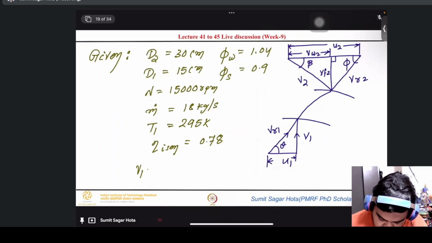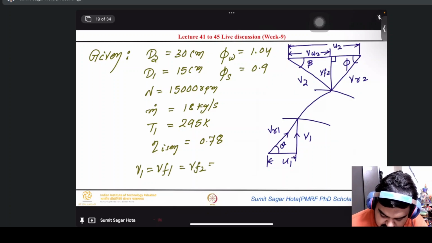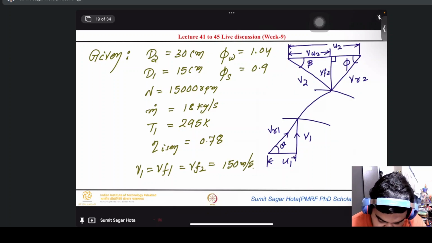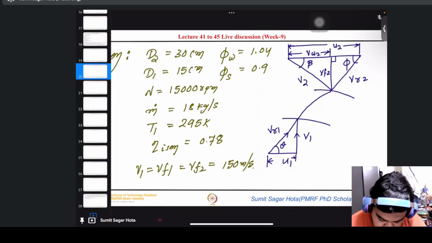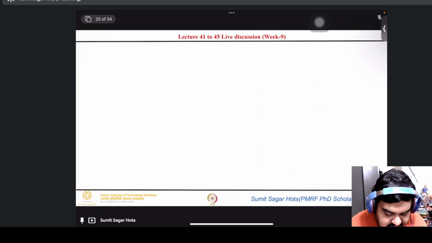Then V1 is equal to Vf1 is equal to Vf2, 150 meter per second. Okay, so let's draw the TS diagram and then solve it.